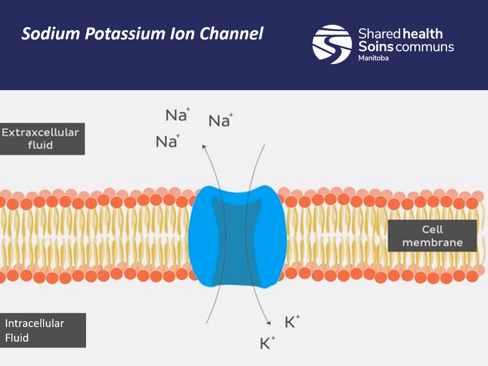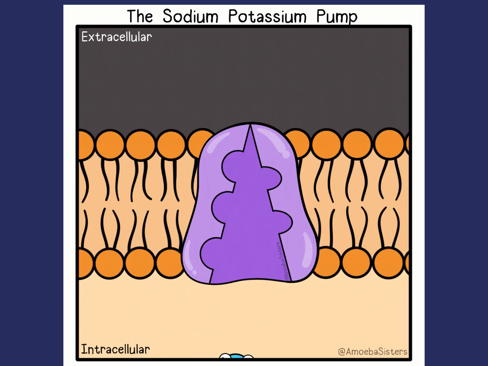This is a mechanism of active transport that moves potassium ions into and sodium ions out of the cell. This pump allows the proper movement and balance of water between the intracellular and extracellular spaces. It does require ATP or energy to work properly, and its job is to help maintain the resting membrane potential. The sodium-potassium pump binds 3 sodium ions and a molecule of ATP.